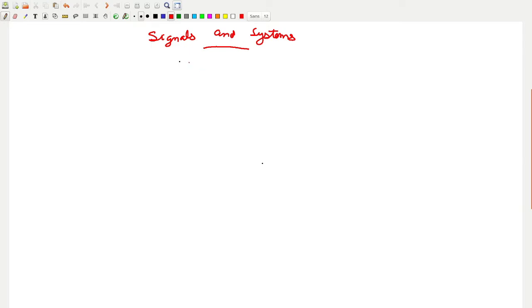So if we try to draw a simple block diagram of a system, we'll have a block diagram of this sort, which is the system, which takes in input.